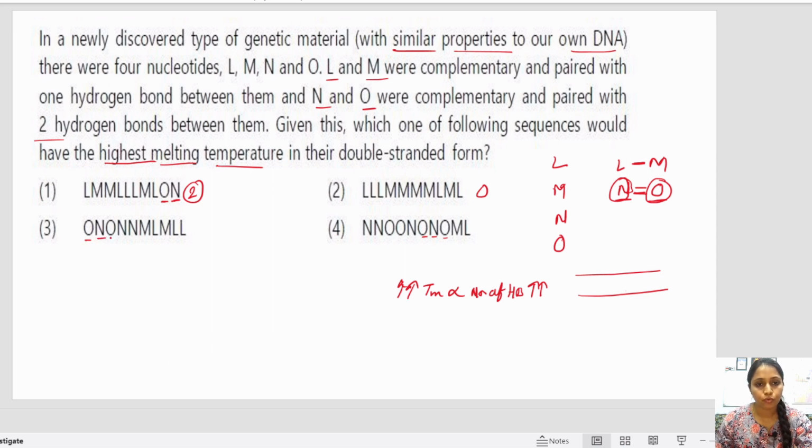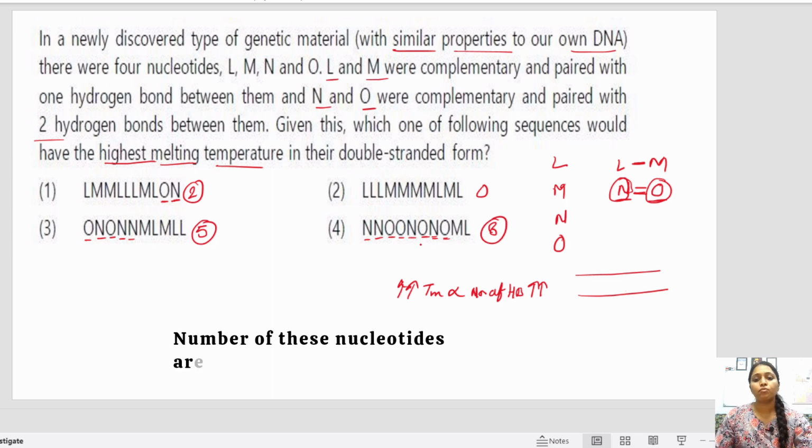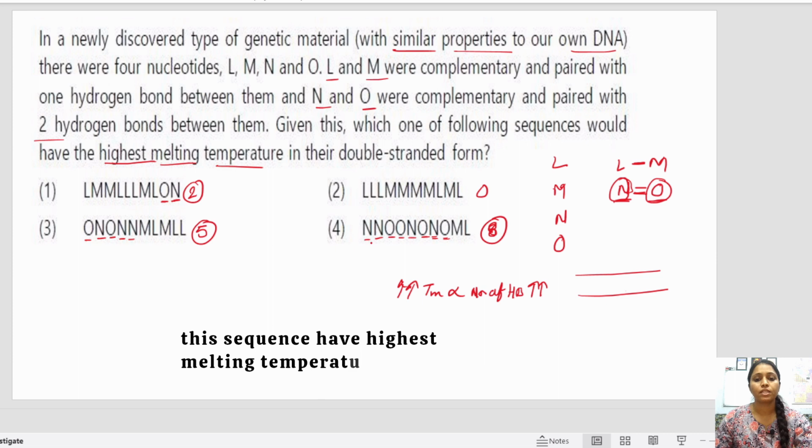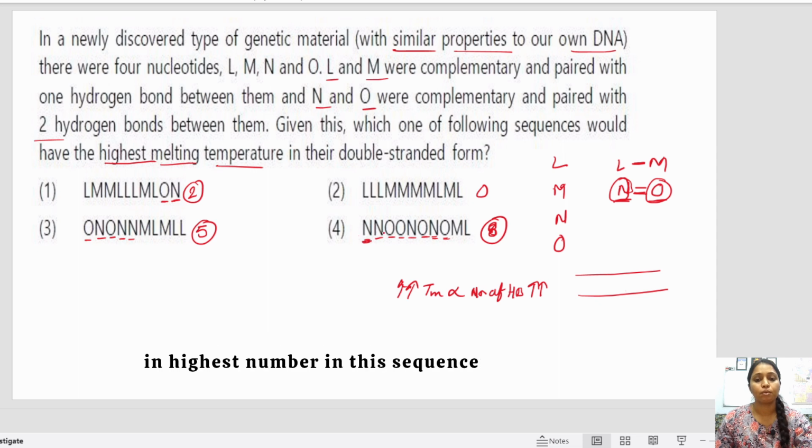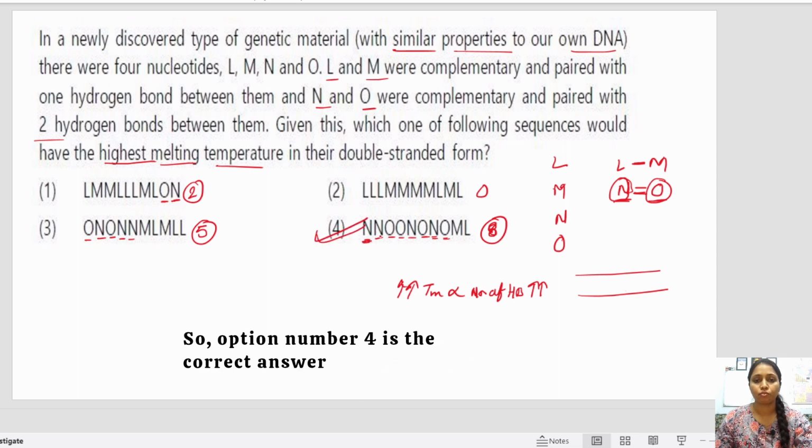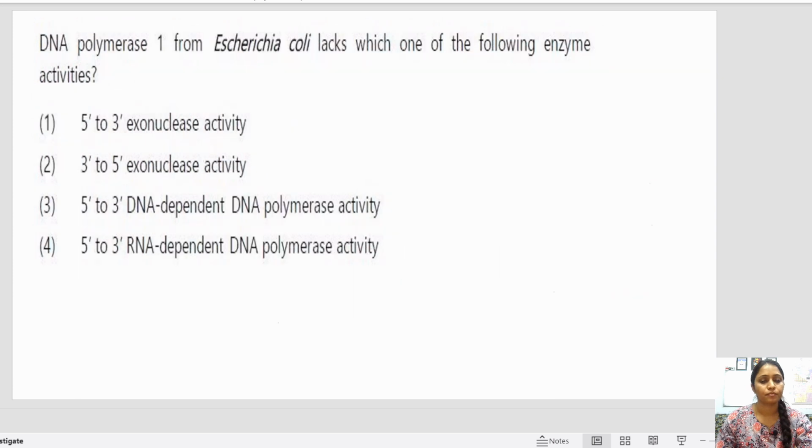Here 1, 2, 3, 4, 5. So the number of N and O is 5. And 1, 2, 3, 4, 5, 6, 7, 8. So here the number of these nucleotides is 8. It means this sequence has the highest melting temperature because the number of double bonds is highest in this sequence. So option number 4 is the correct answer.